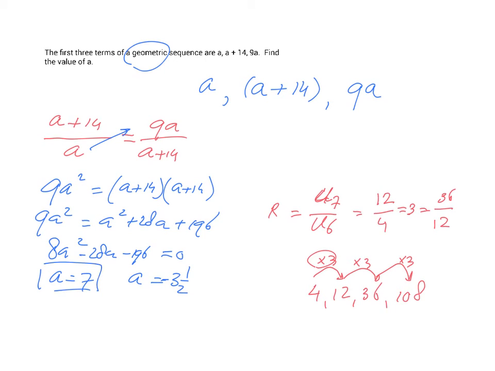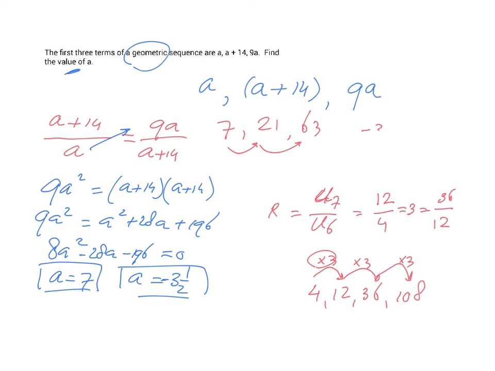Now, the only problem I have with this question is it says find the value of a, and I'm pretty sure it should have said find the values of a, considering we have 2. Because if I check that, for instance, for 7: 7, 7 plus 14 is 21, then 63. So that is an r of 3, so that one will work, that's good. What about minus 3.5?